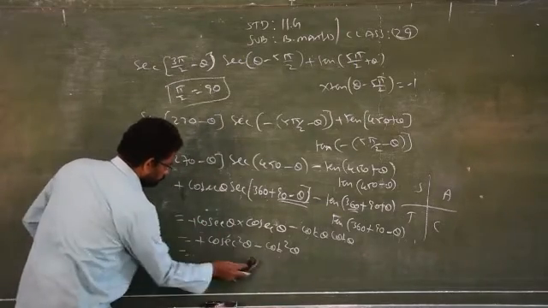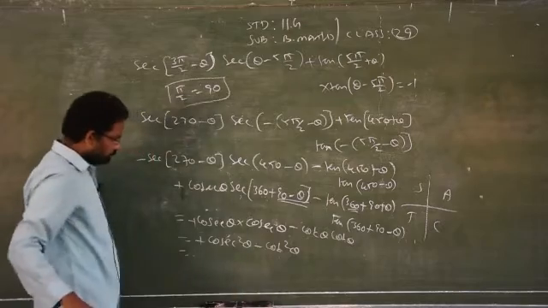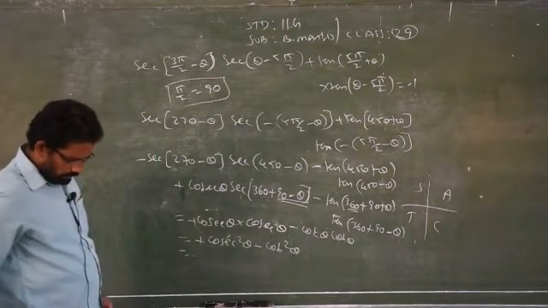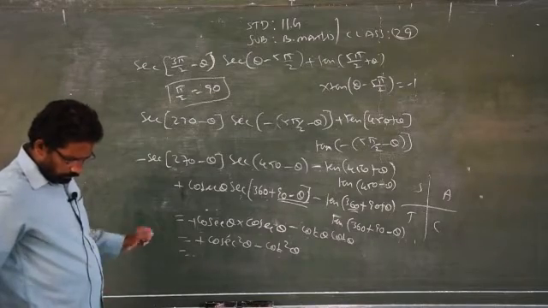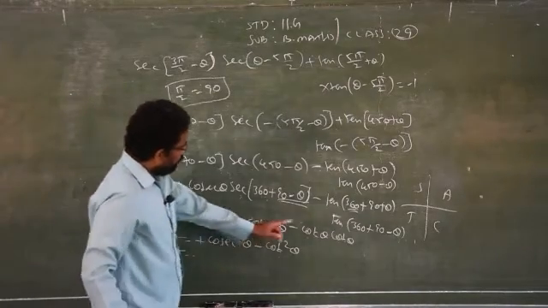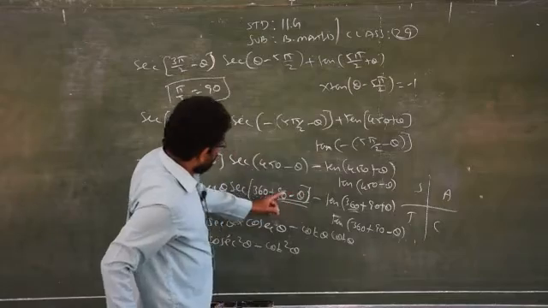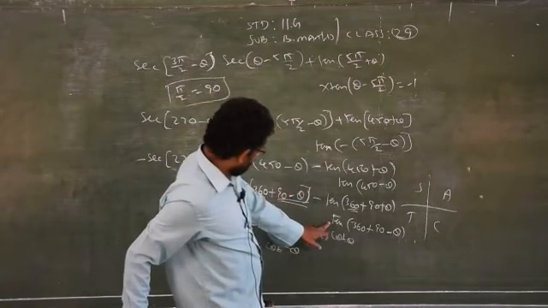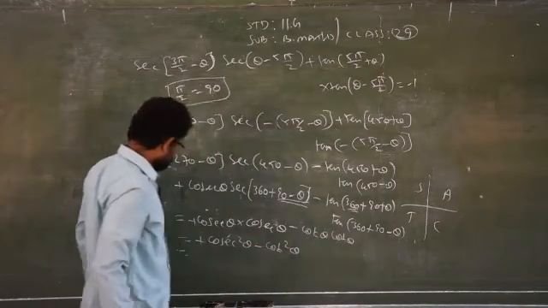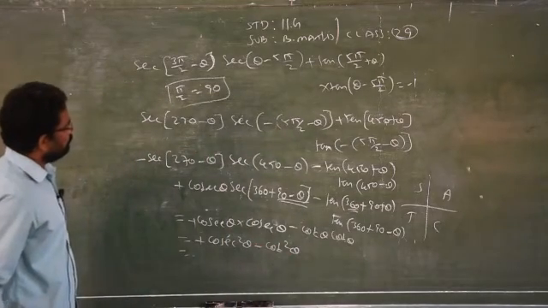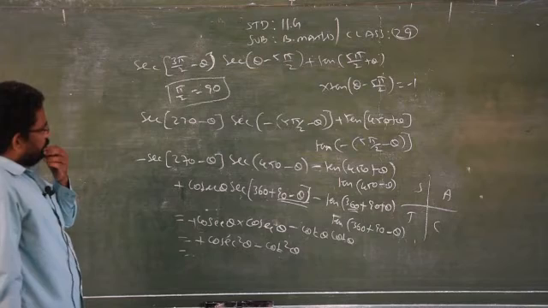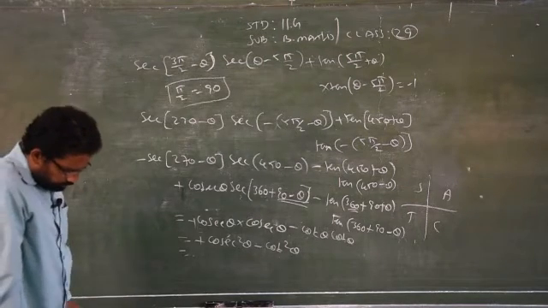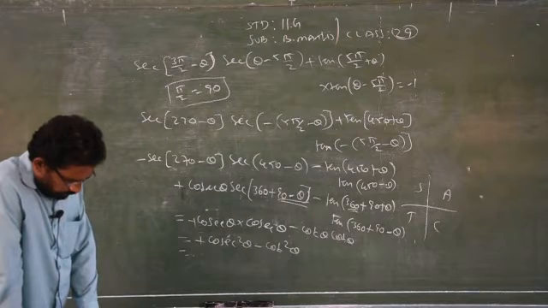So you know the formula we have, cosecant square theta minus cot square theta equal to how much? 1. So we have 2 minus, here it is minus into minus plus, somewhere we missed the minus symbol, minus into minus cot theta.